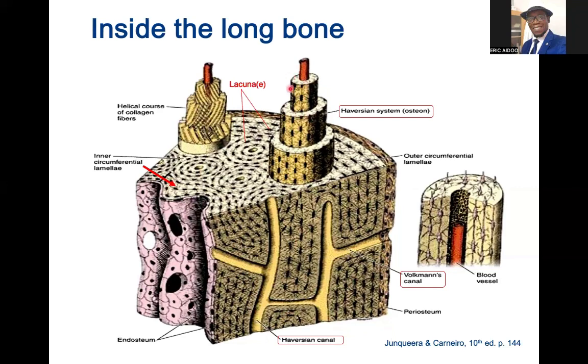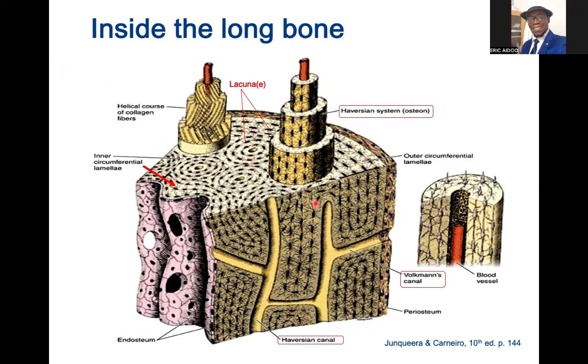And then you also have the lamellae, and you have the lacunae within which the osteocytes will sit. The cells in the mature bone are known as the osteocytes, which sit in lacunae in a concentric circle format, forming lamellae.